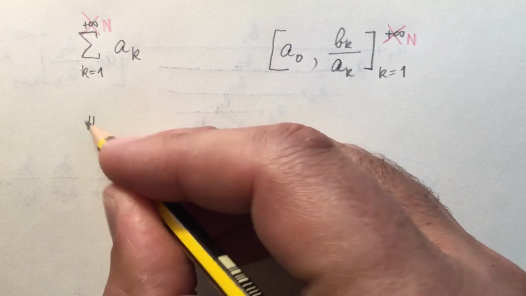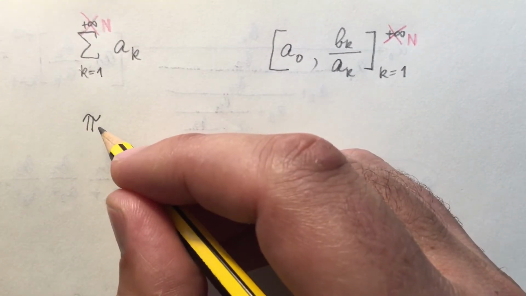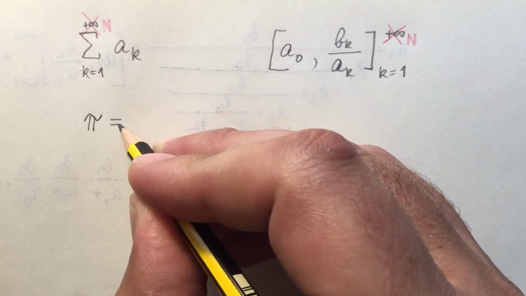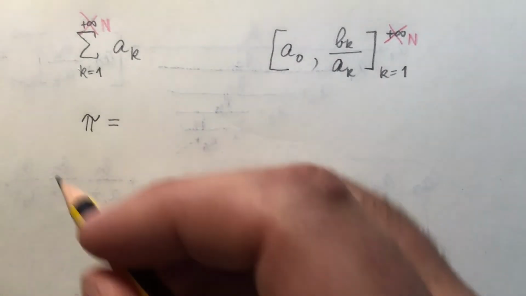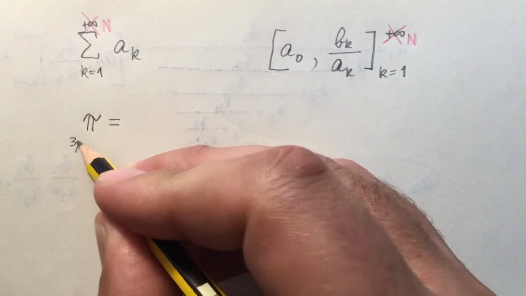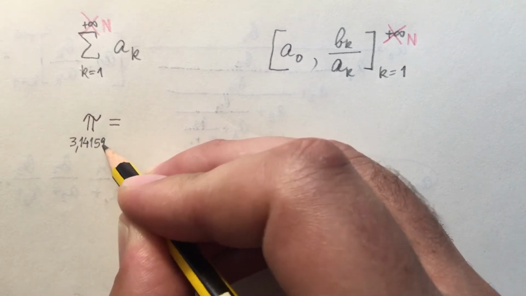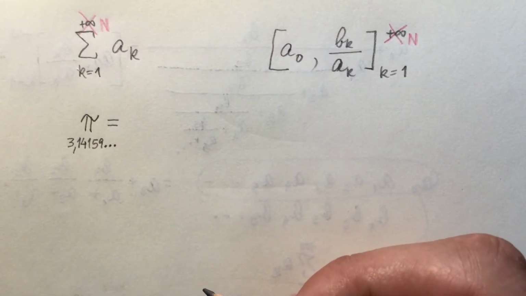Suppose that we want to find a continued fraction for pi. Truncating the corresponding continued fraction will give us a fraction which is a good approximation of pi. Now, as we know, pi is equal to 3.14159 and so on and so forth. This is sufficient.